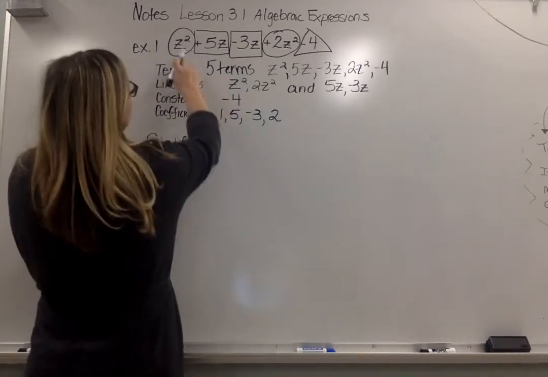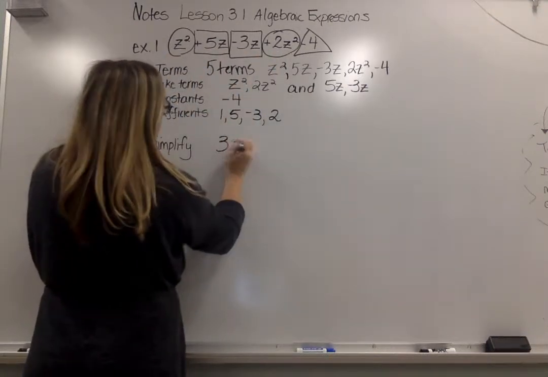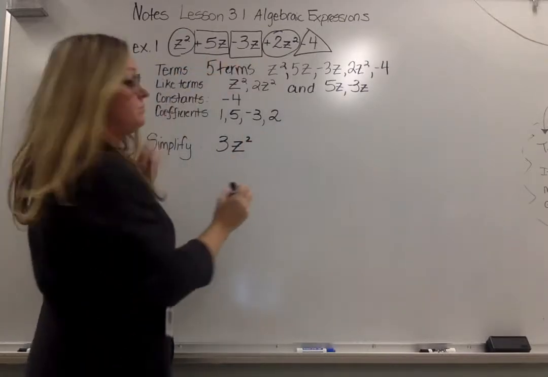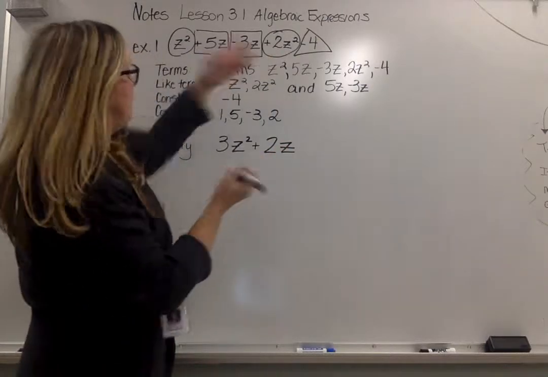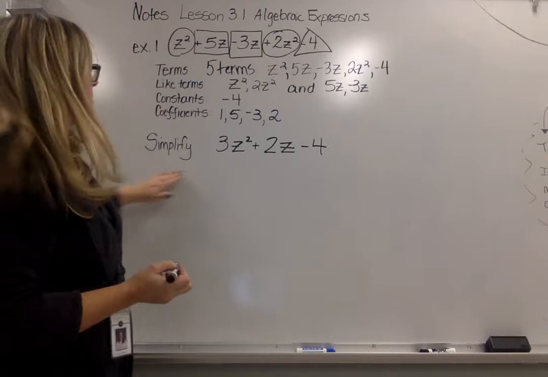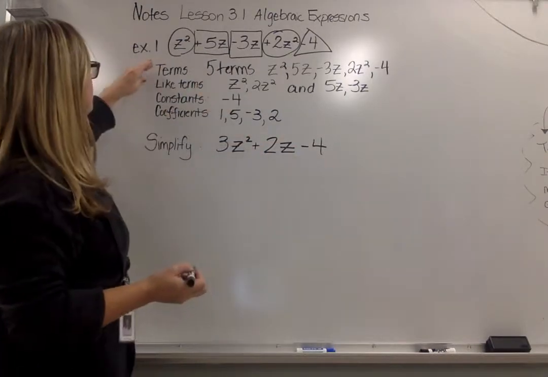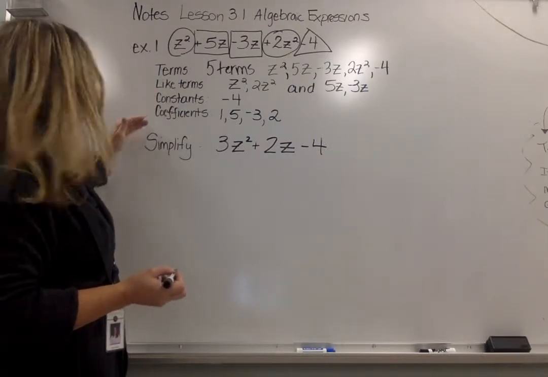So if I were to simplify, I'm going to add those. Z squared and 2z squared is 3z squared. I have 5z minus 3z, which is 2z. And then I have a triangle of minus 4 or negative 4. So I've just simplified this algebraic expression. I've identified terms, like terms, constants, and coefficients, and you'll also be expected to do that.